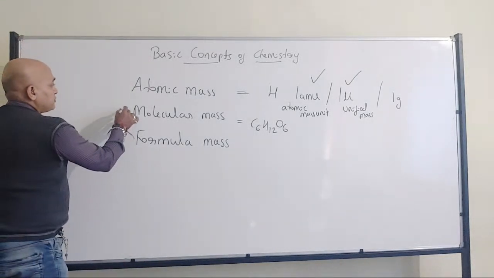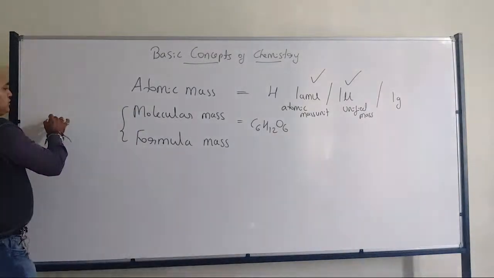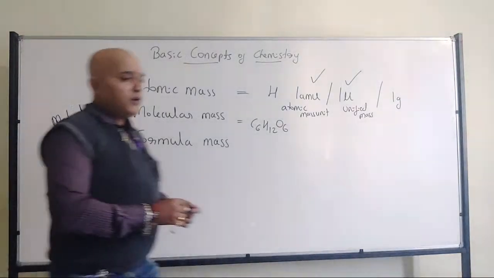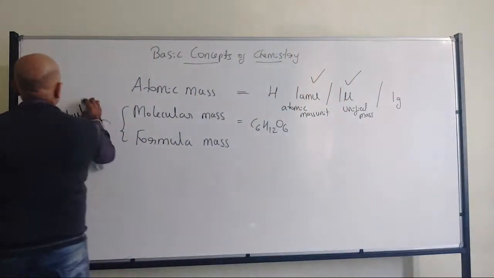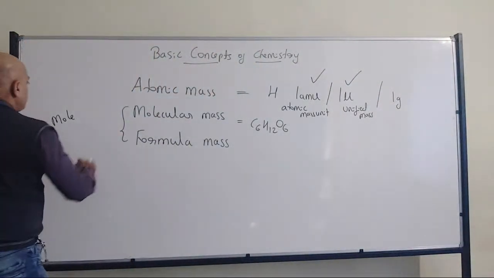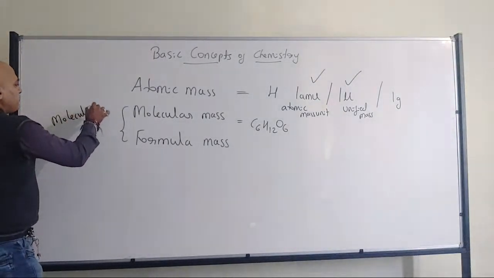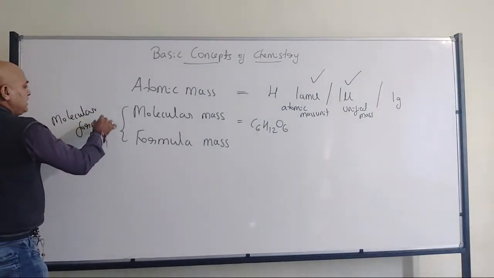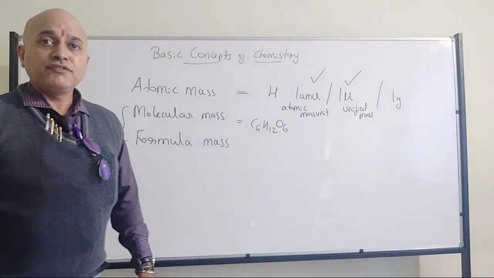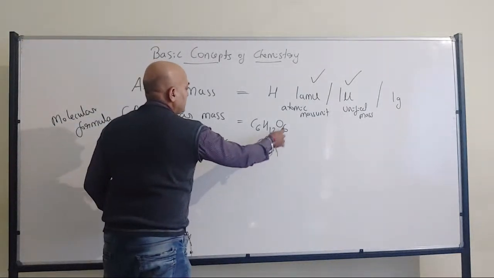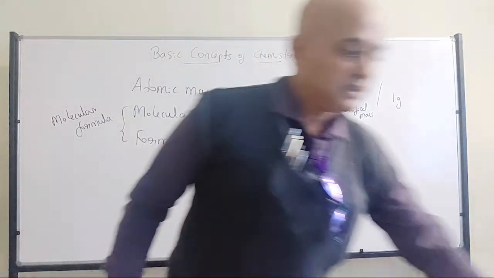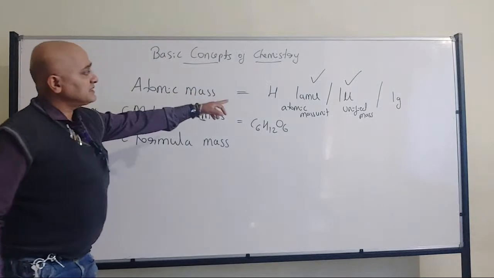So that's where to calculate these two, we should know the molecular formula of the compound. Otherwise, you cannot. Then only you can calculate these two. Fine. So the molecular formula of glucose is C6H12O6.